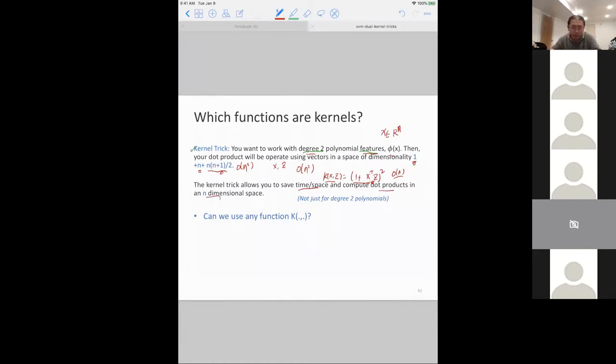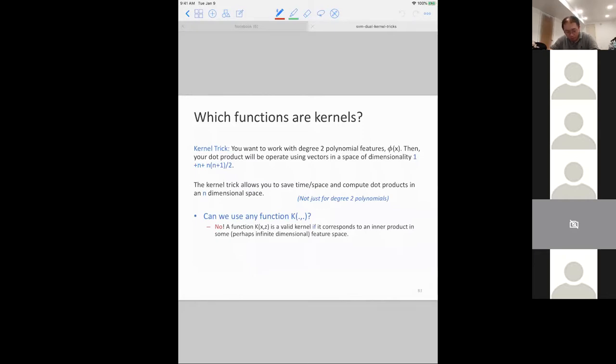So then the natural question would be, now that the kernel function is so amazing, can any function of two inputs be viewed as the implementation of some kernel trick? The answer is no, right? Such functions must be a small subset of all possible functions of two input vectors. Not all functions of two input vectors can be viewed as a kernel function.